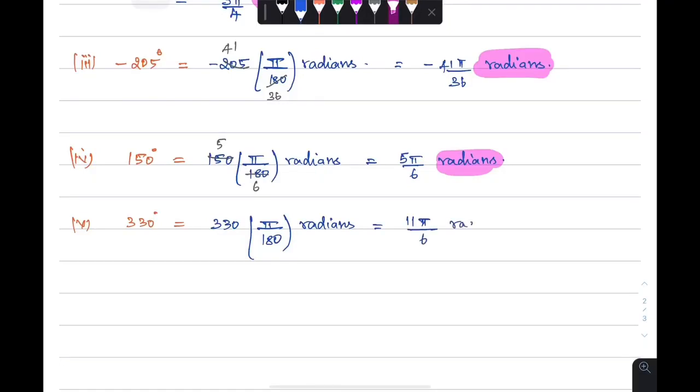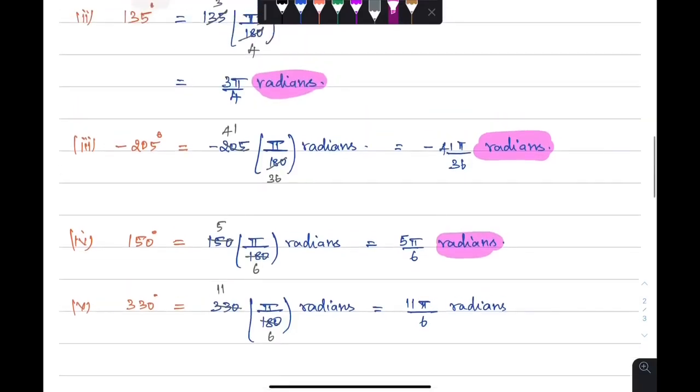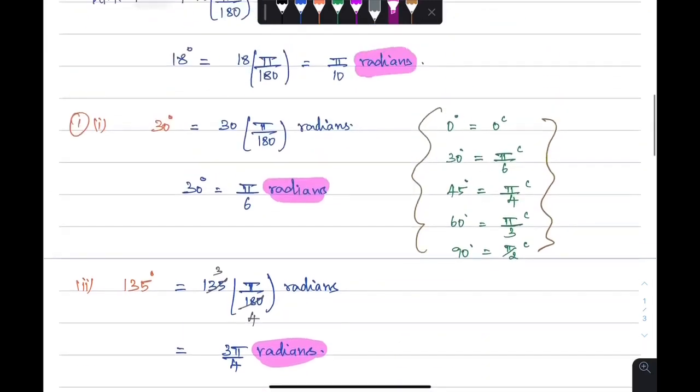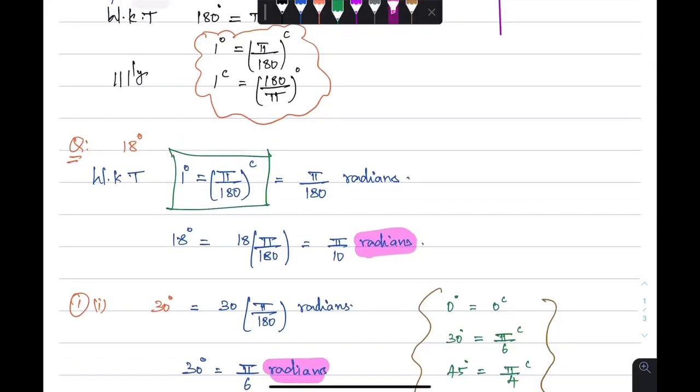I think you would have got it. Cancel it by 11. So it's quite simple, children. Good. I hope everybody is clear with what is going on. So we have seen the basic conversion, and this result is very important, which is helping us to convert degree to radian. I hope you all understood, children.